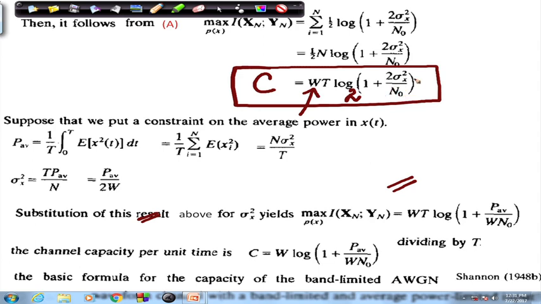And sigma x squared, that is the transmit variance, one could calculate as 1 upon T, integral from 0 to T of the expected value of x squared(t).